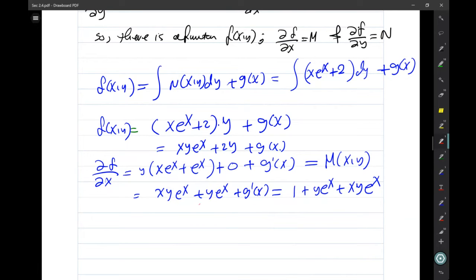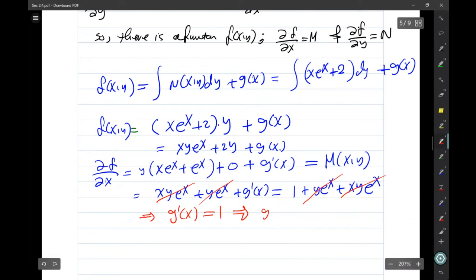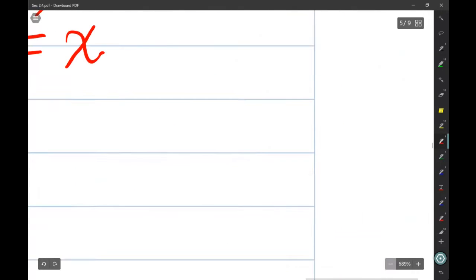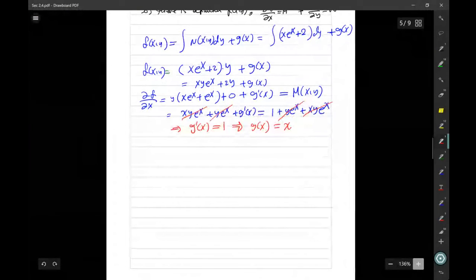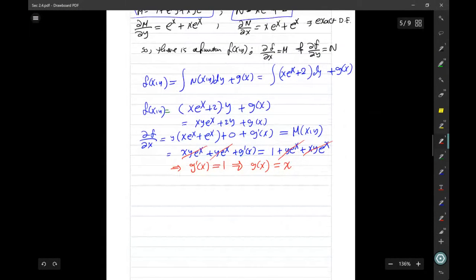Now y ex will cancel y ex, and xy ex also will cancel xy ex. So this implies that g prime x is equal to 1, which implies g of x is equal to x. Now substitute back x in your function f.